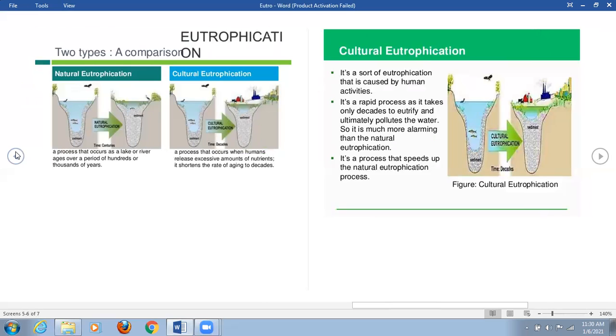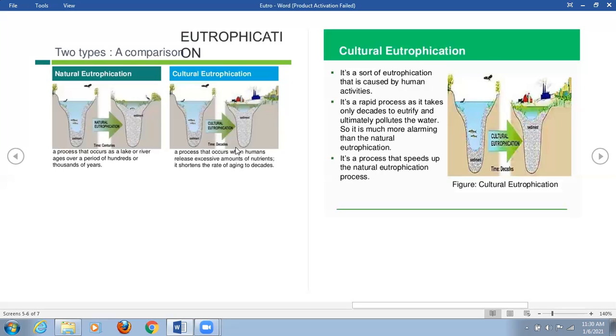So I already explained this. Just try to understand, in eutrophication, oxygen gets depleted, and when oxygen gets depleted, there is no support for life. All fish and other zooplanktons die.